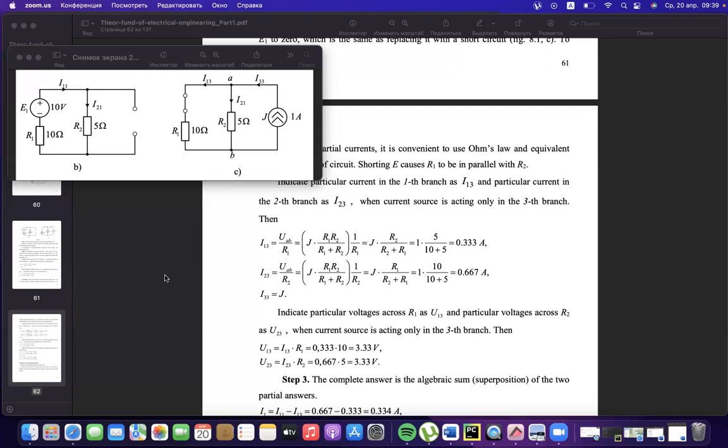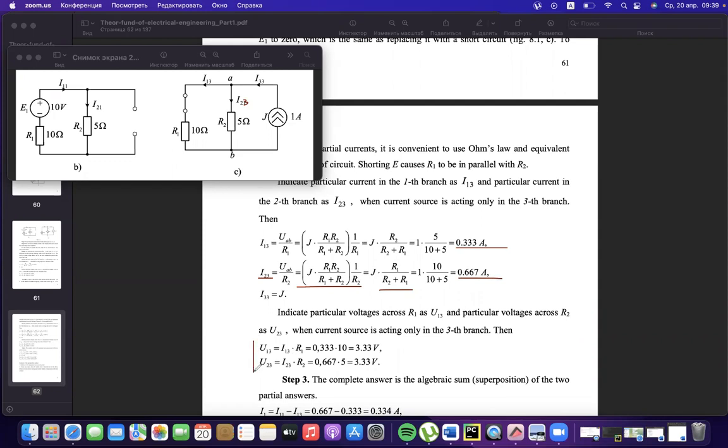Both of these calculations, first or second, could be applied and give us the same numbers. Current I13 is 0.33 and current I23, it should be 2.3 as it is here, just a mistake on the picture, it will be 0.67 amperes.